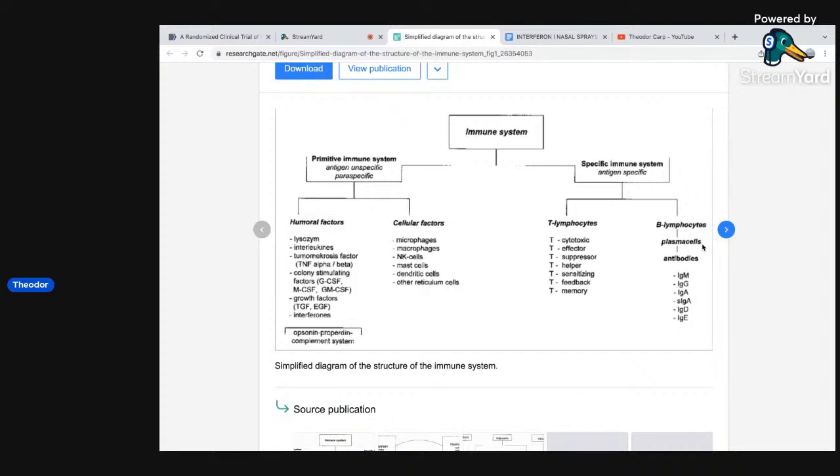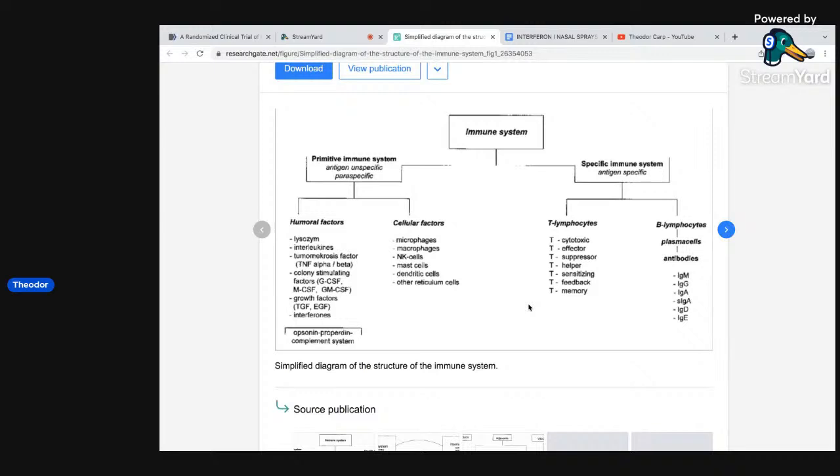The memory cells do not produce antibodies, but they're there to basically produce memory, to remind itself of the pathogenic history. And T lymphocytes, I want to just come to the two most important T lymphocytes that we have: the CD4 plus T helper cells and the CD8 plus T cells, the cytotoxic cells.